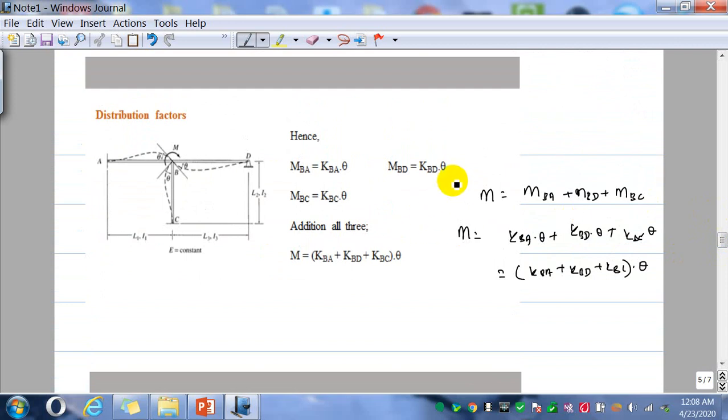These are the main elements we need to know, that is the stiffness of each section and the distribution factor.